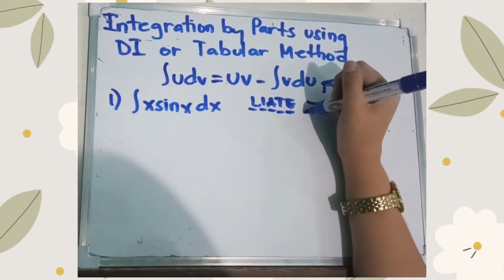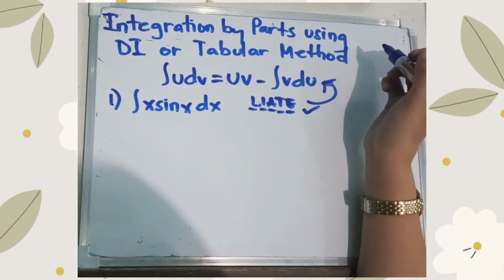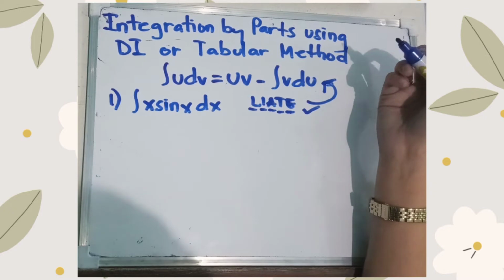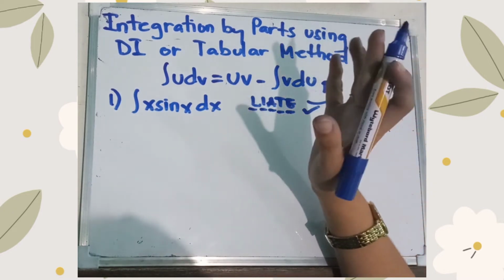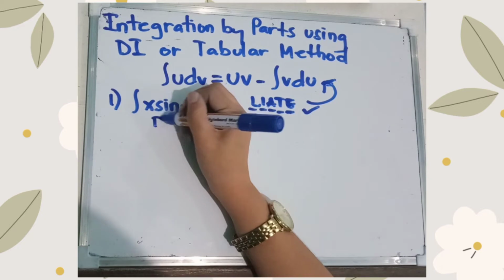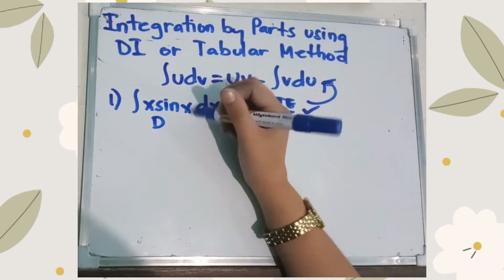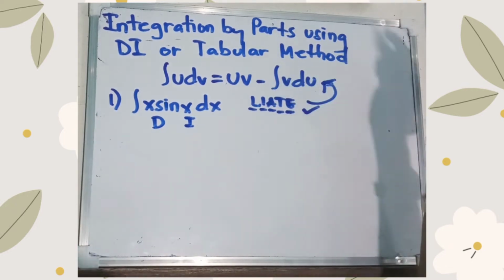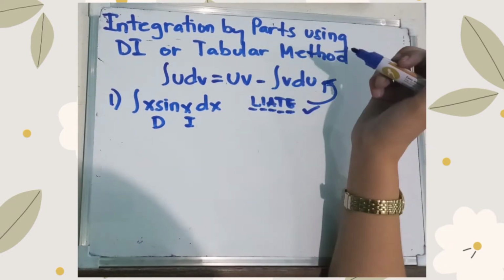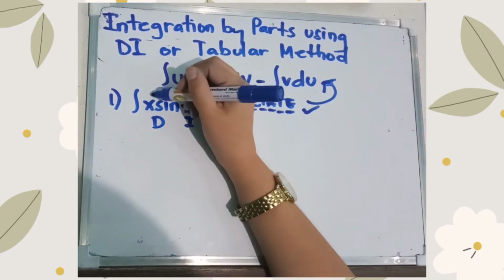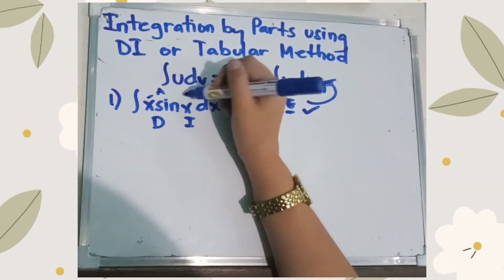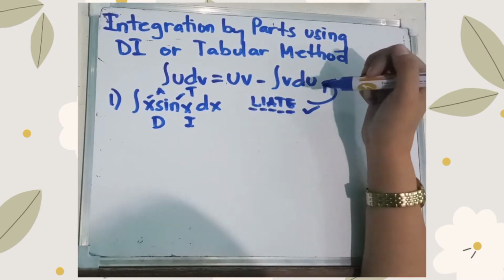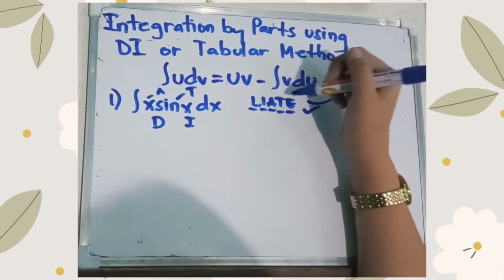So still we'll be applying LIATE, but this time in order to determine the function that we will be differentiating, which is under the D column, and the function that we will be integrating under the I column. Here we are given x and sine x. x is algebraic, sine x is trigonometric. In LIATE, algebraic comes first before trigonometric.